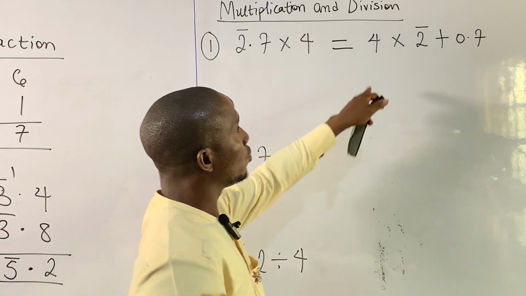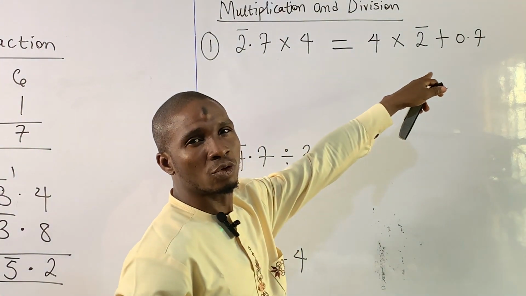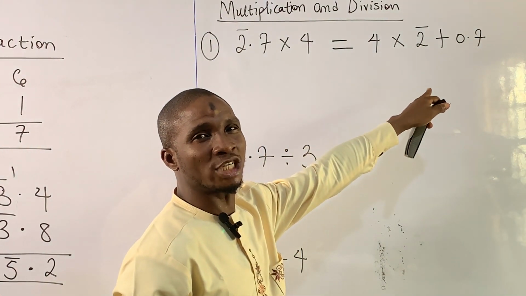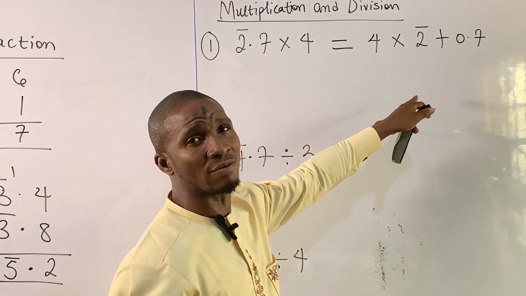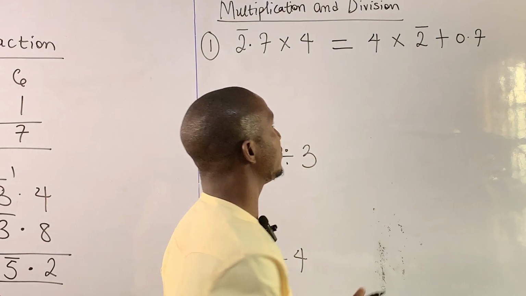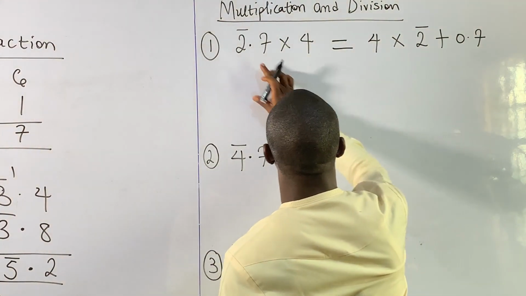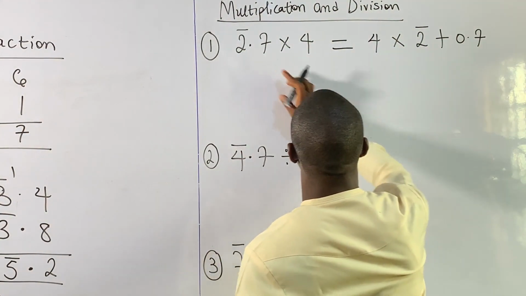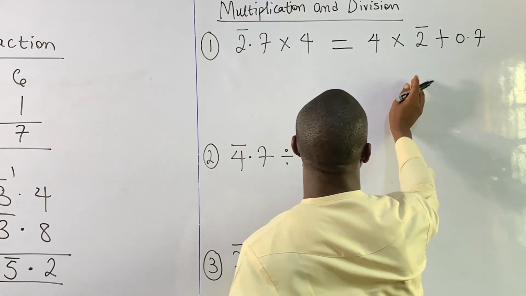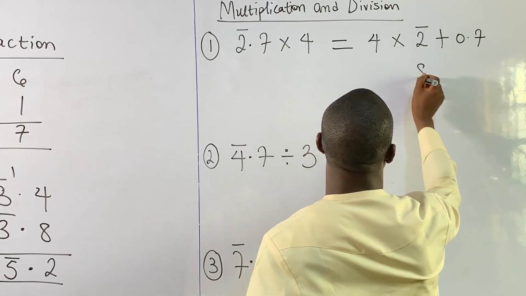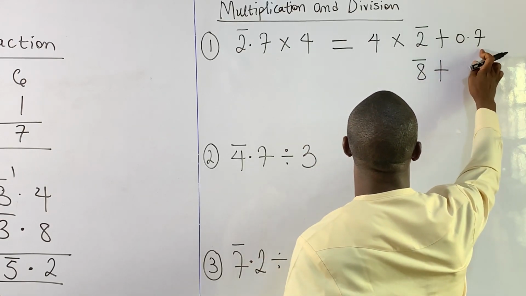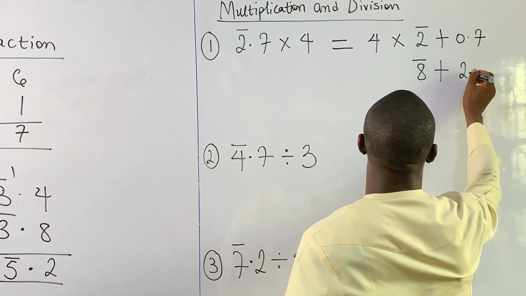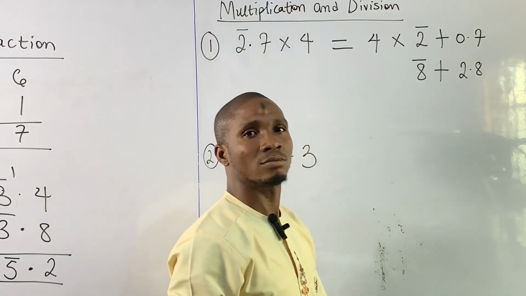So we need to split it into 2 for us to have an efficient answer. If you don't split it into 2, you are not going to have a correct answer if you are not careful enough. All right, so we split it, bar 2 separate, then 0.7 separate. So we do that. 4 times bar 2 gives us bar 8 plus 4 times 0.7 will give us 2.8.